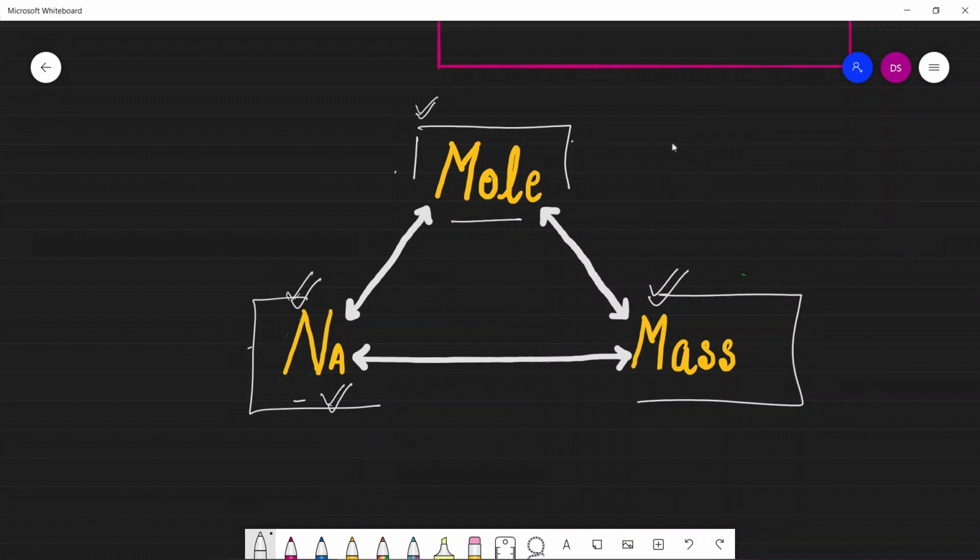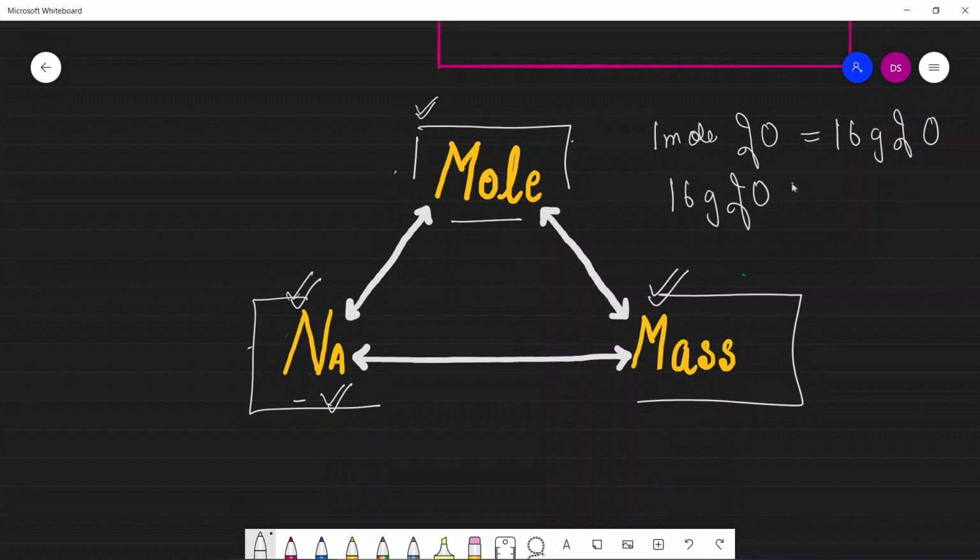So what I mean to say by this is that if I say I have 1 mole of oxygen, that also means I am having 16 grams of oxygen atoms. If I say I am having 16 gram of oxygen atoms, it also means that there are 6.022 into 10 raised to the power 23 particles or atoms, right?